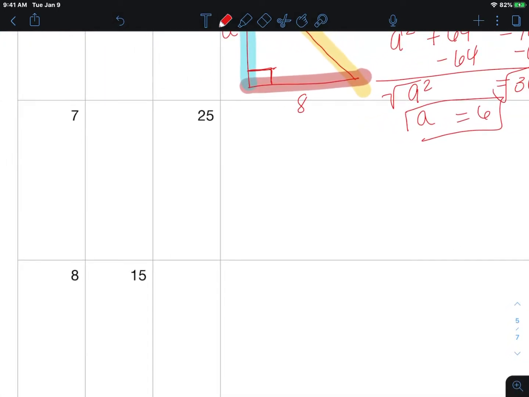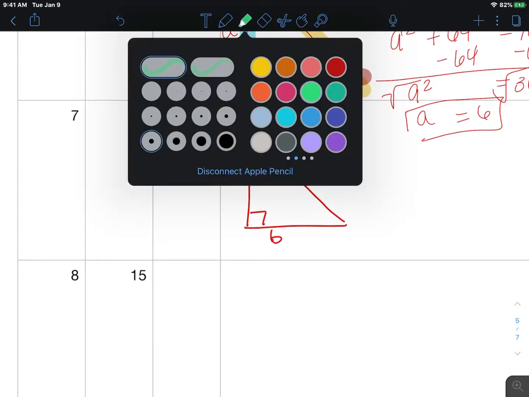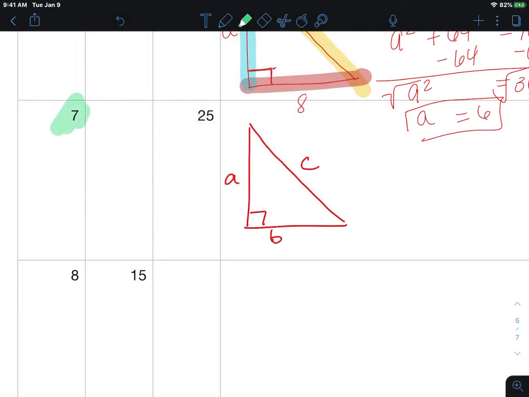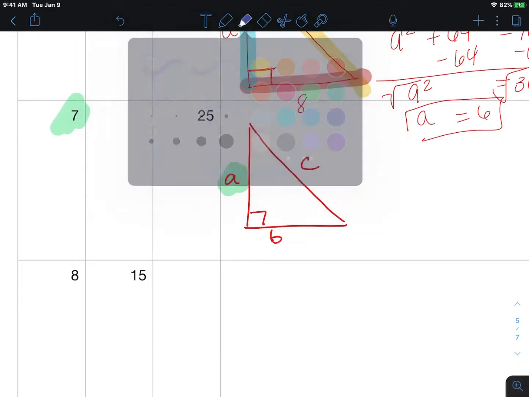So first thing, I'm going to draw my triangle, put in my right angle. I'm going to label my sides. Now I'm going to plug in all of the different numbers that I have.